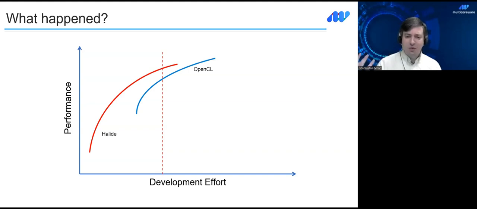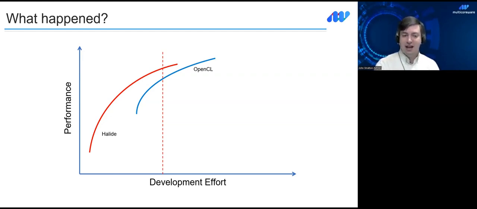The performance that we got in Halide was due to the fact that because Halide was so much more productive, we could try and test a much larger number of tiling factors, unrolling factors. There were many more optimization configurations that we could just try and test.